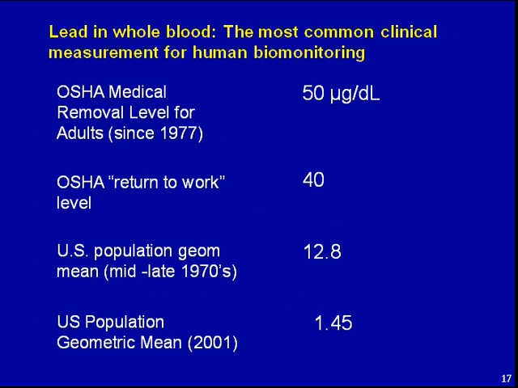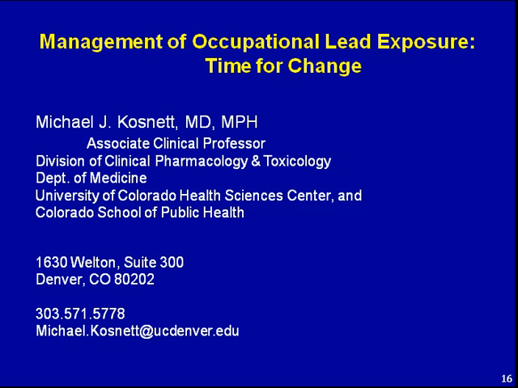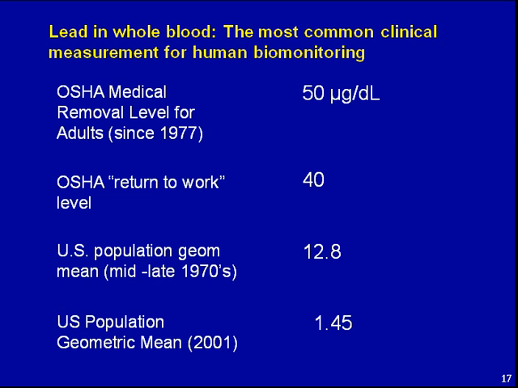One of the key things that I wanted to start with at the onset is to just review a few key points about blood lead concentration, because a lot of what I'm going to discuss refers to various blood measurements in whole blood. And it's good to put these in perspective.